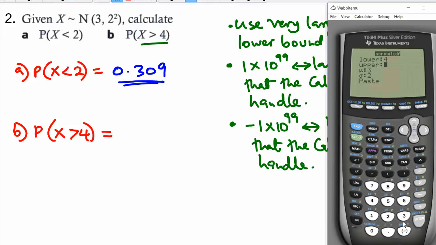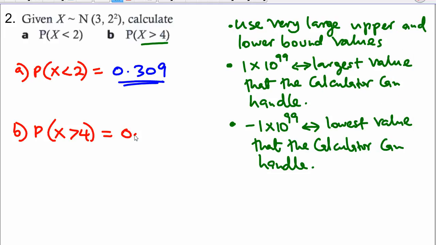The highest limit is the highest value that the calculator can handle. Just plug in that. Those parameters are the same, and then you should be able to get your answer, which will be 0.309.